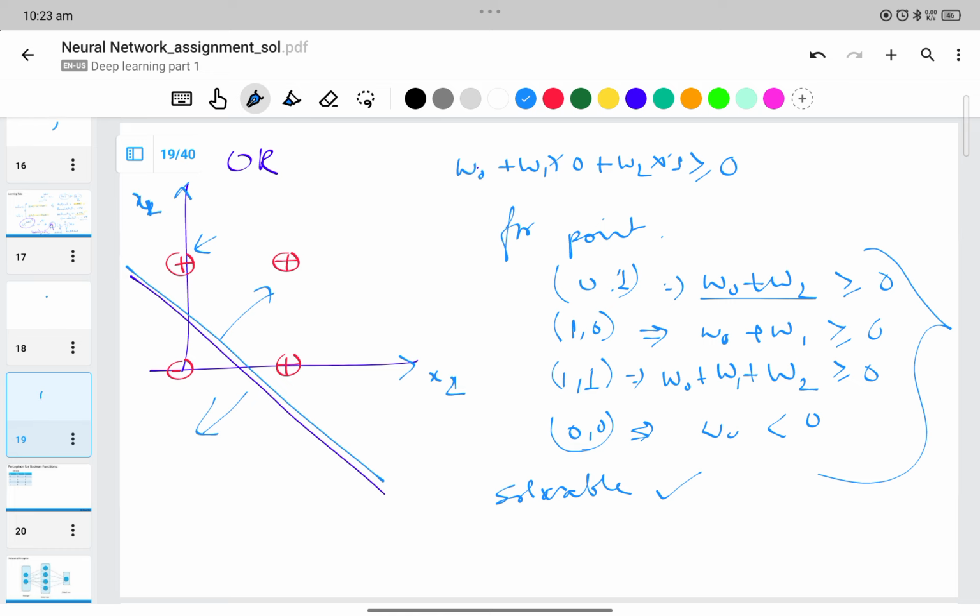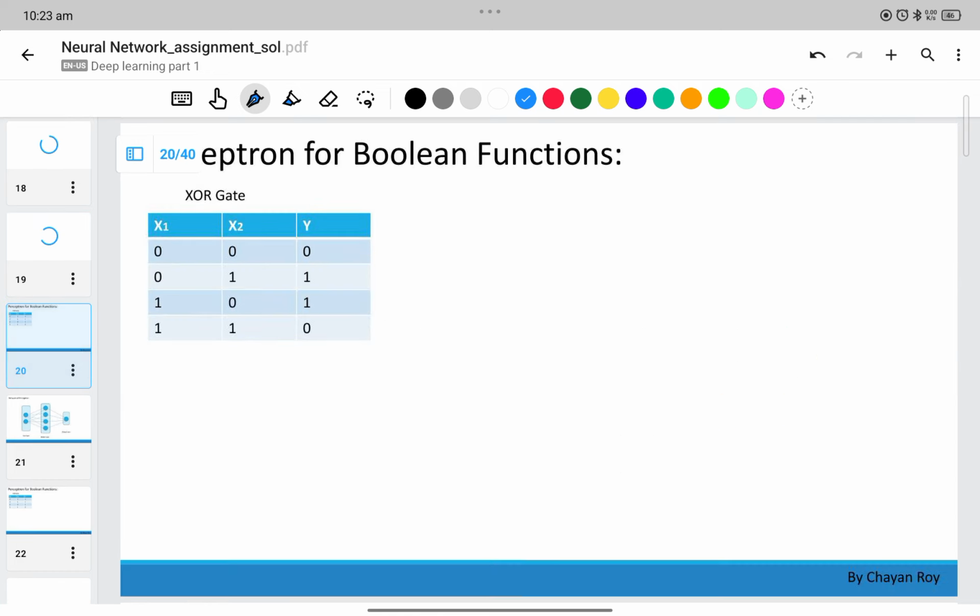Let's talk about the XOR gate now. In the XOR gate, let's say this is our axis, x2 and x1. We have 0 0 here, that is negative, and 1 1 negative, and we have positive input here and here.